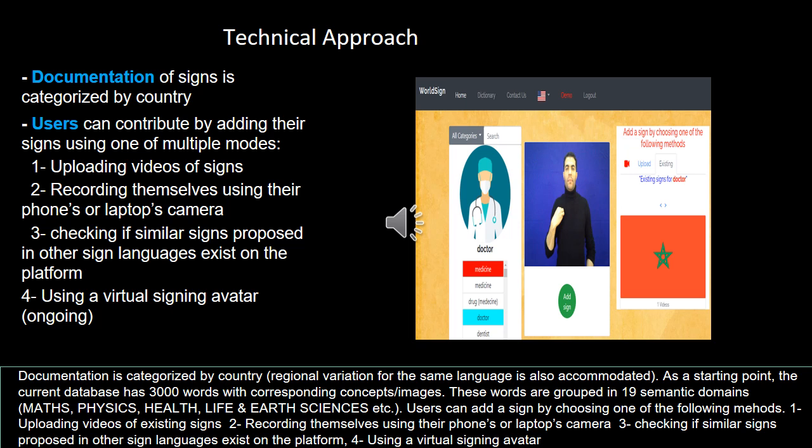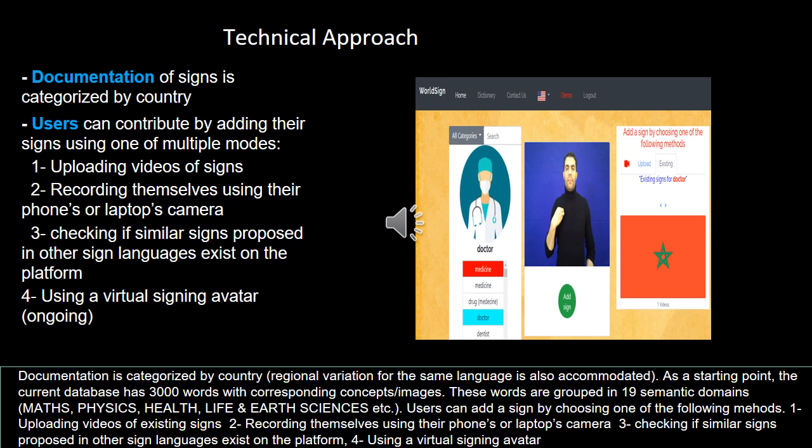Users can add a sign by choosing one of these methods. They can upload existing signs, or they can videotape the sign themselves, of course, to describe the sign using their phone's or laptop's camera, but they can also check if similar signs proposed in other sign languages exist on the platform.